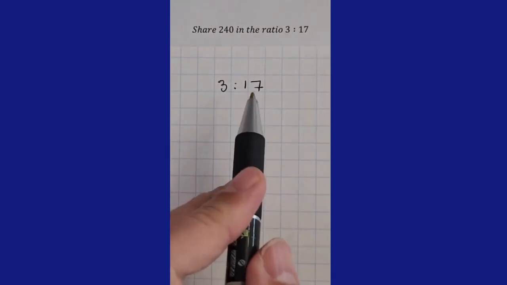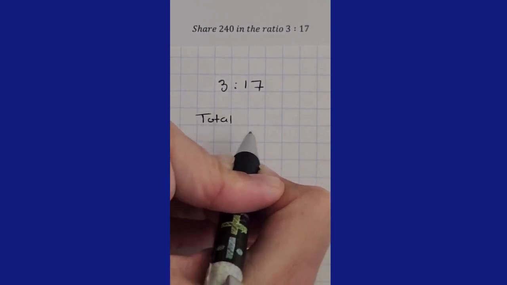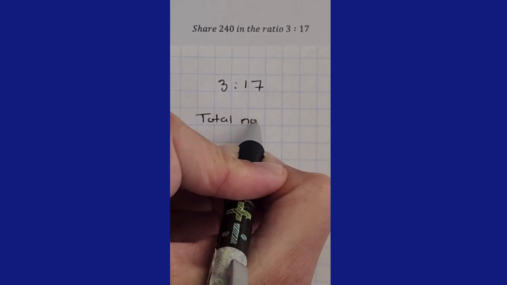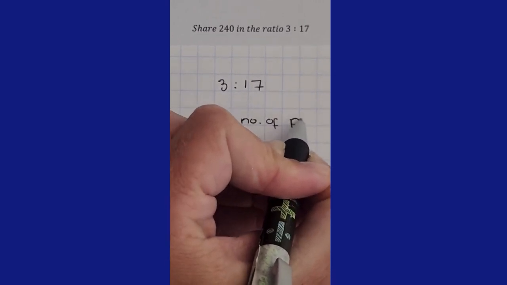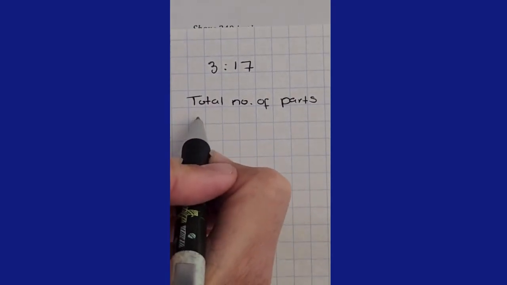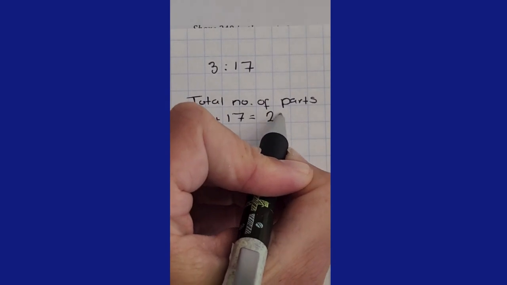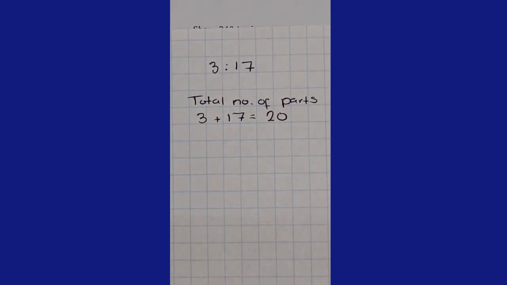If I were to draw the boxes, the total number of parts or boxes would be those 3 boxes plus the 17. So the total number of parts would be 3 plus 17, which would mean I would have drawn 20 boxes. That's effectively what I would be doing.